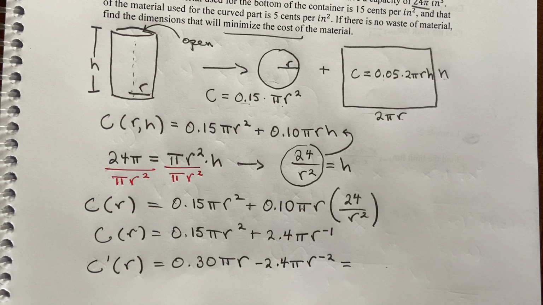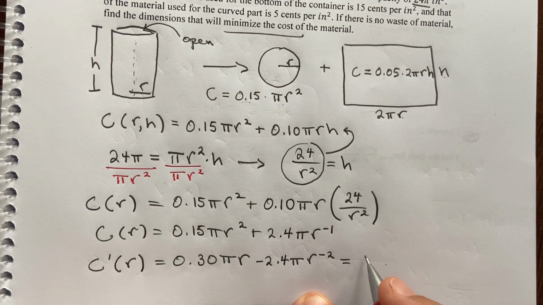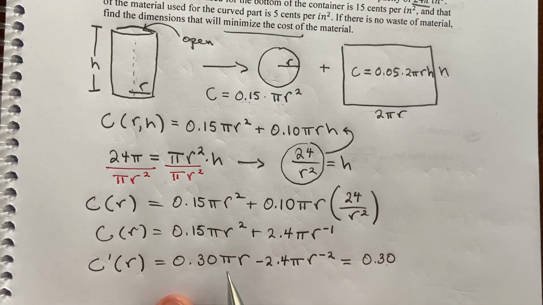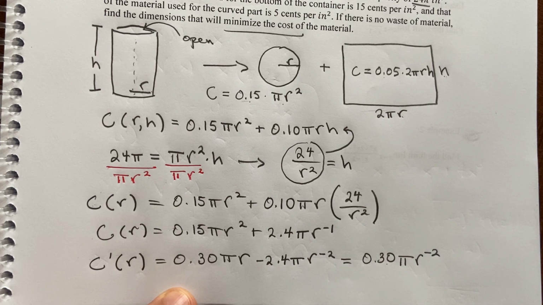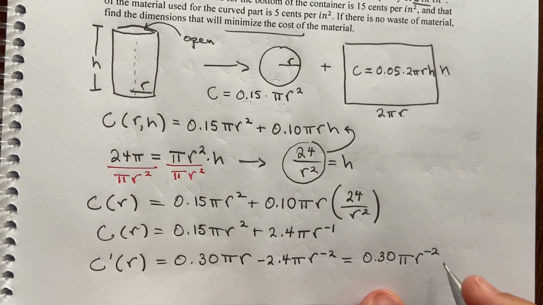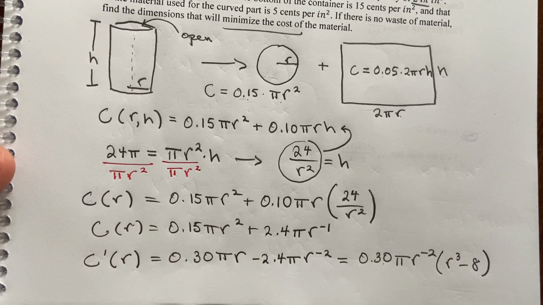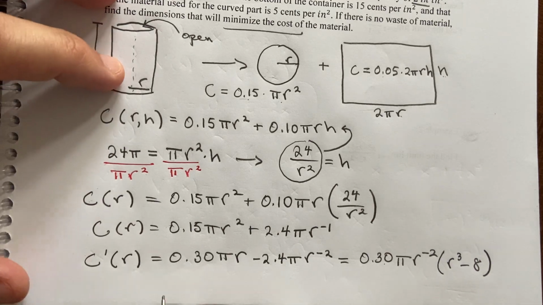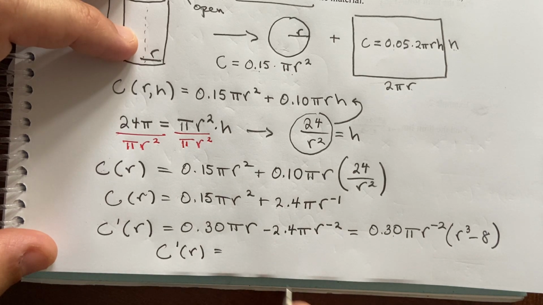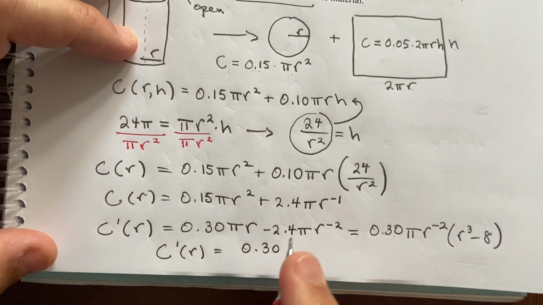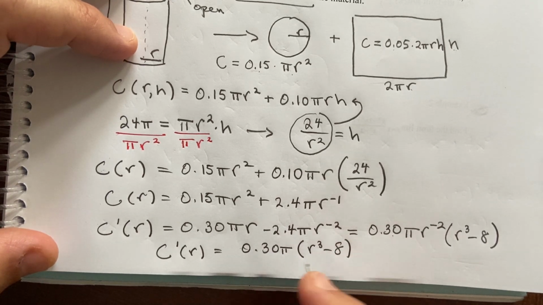I'll factor out a 0.30, a pi, and an r to the negative 2. Doing that, we leave behind r cubed minus 8. So simplified, C prime of r would be 0.30 pi times r cubed minus 8 all over r squared.